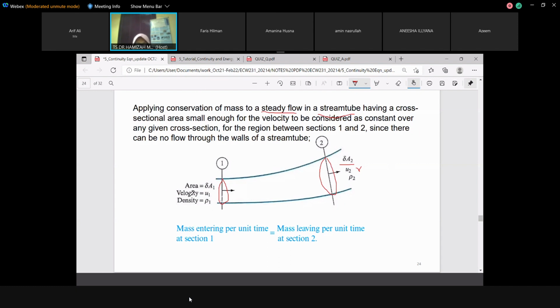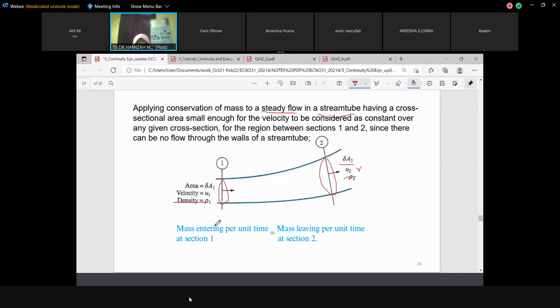Okay, and then we also have density. So density here is basically the same. In one pipe we usually have the same fluid. It's not possible for it to suddenly change in the middle, right? So the density here you can cancel because of course we have the same fluid inside one pipe.